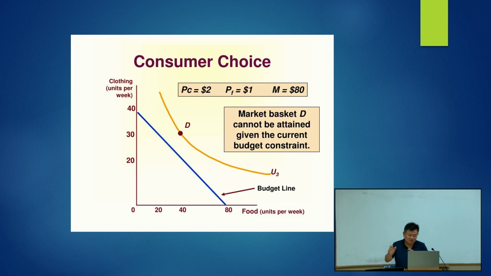So it's another story from you. So in consumer theory, the budget line and demand curve meet at some point, and then you can buy some product combination, that means clothing and food.